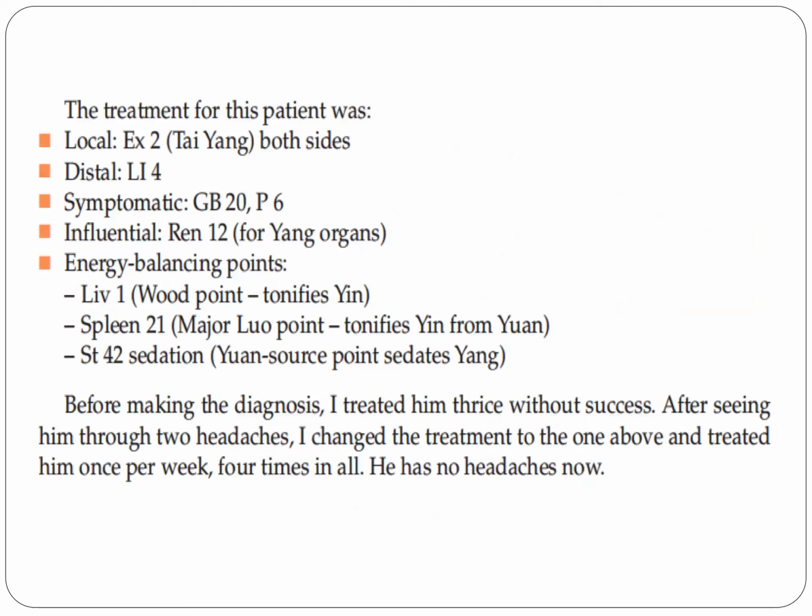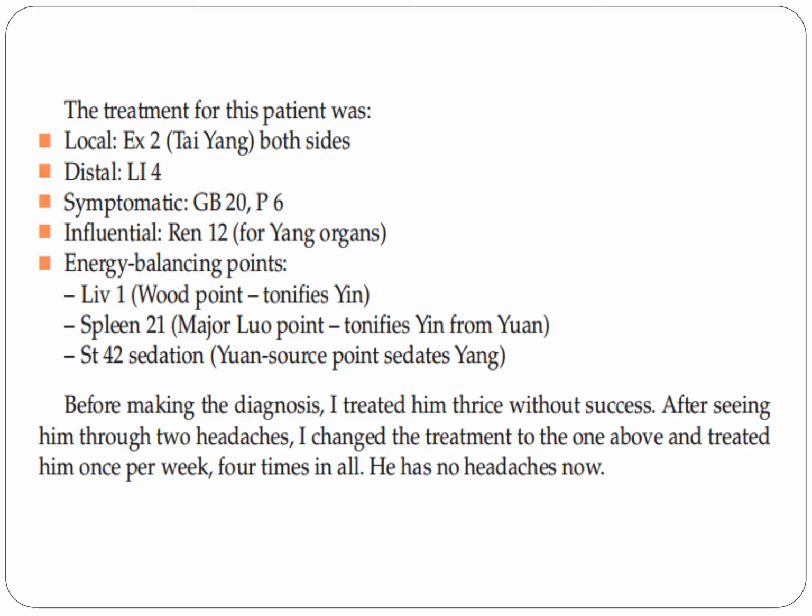The treatment for this patient was the local point, which is extra point 2, the Taiyang, on both sides. The distal point, which is LI4, the symptomatic points, GB20 and pericardium 6. The influential point is REN12 for all yang organs.